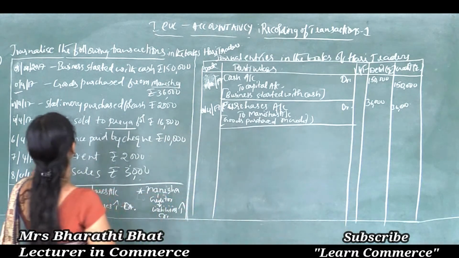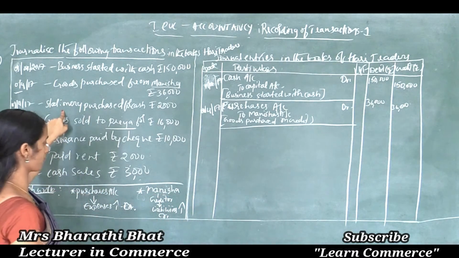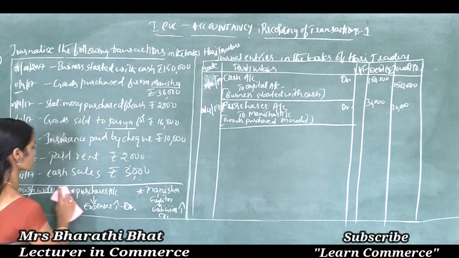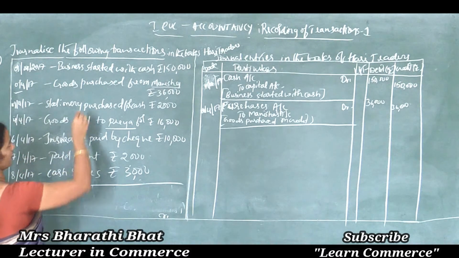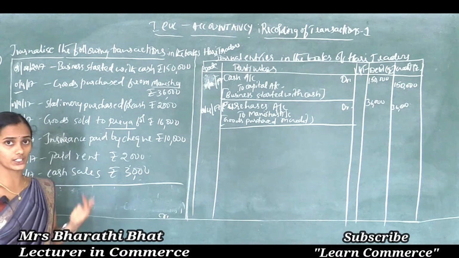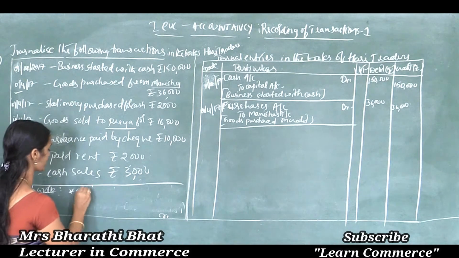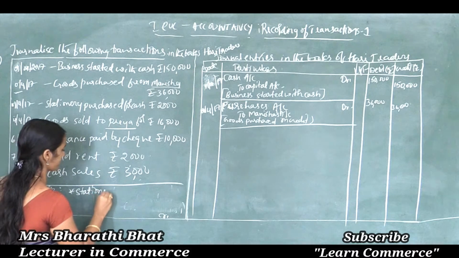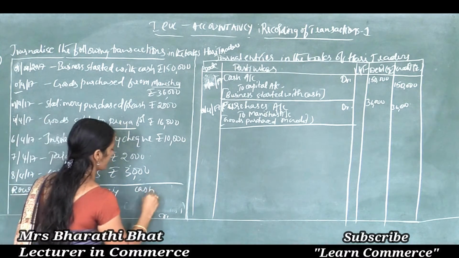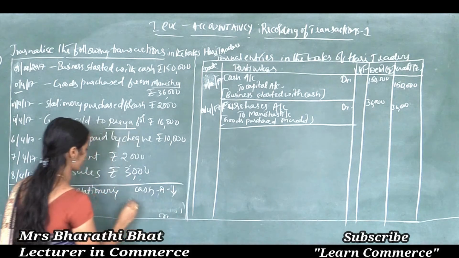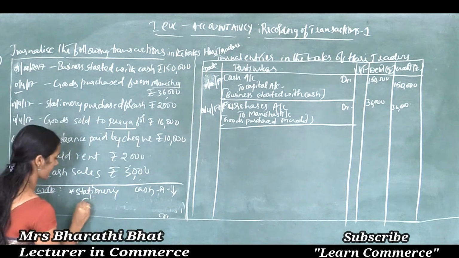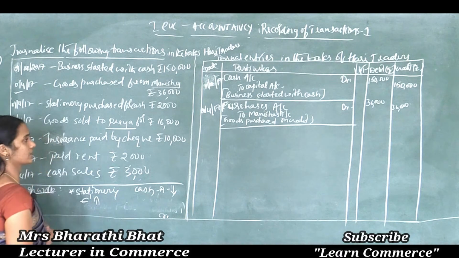And next, stationery purchased for cash. Here also two accounts. One is stationery, another one is cash, because to purchase stationery we have to pay cash. Cash is an asset, and asset shows decreased value. Stationery comes under expense, and expense shows increased value.